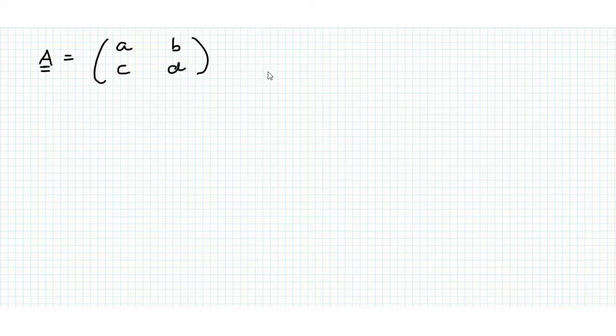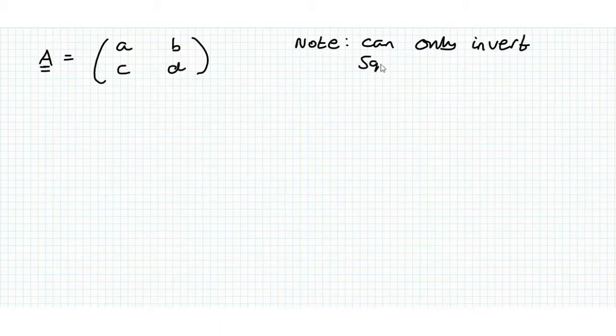So that's an important note: we can only find inverses of square matrices. We can only invert square matrices, and the inverse is defined, we call it A inverse, or A to the minus 1, but that's how we write it.